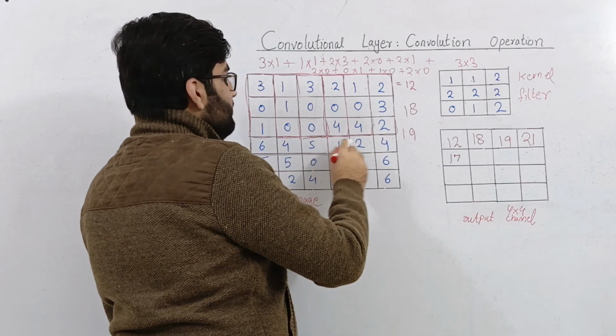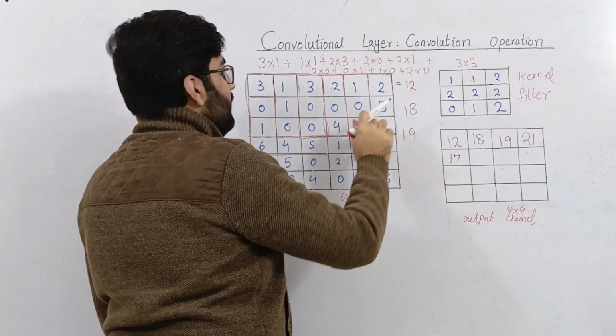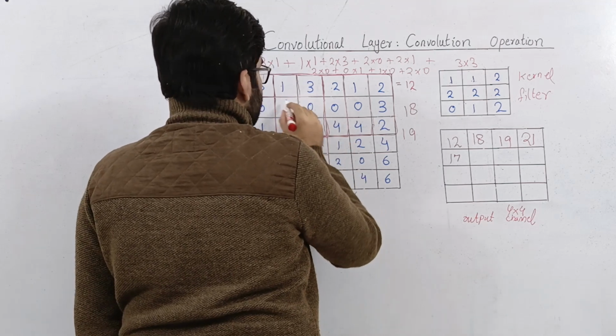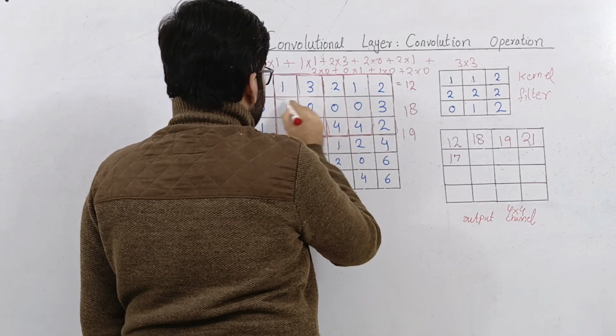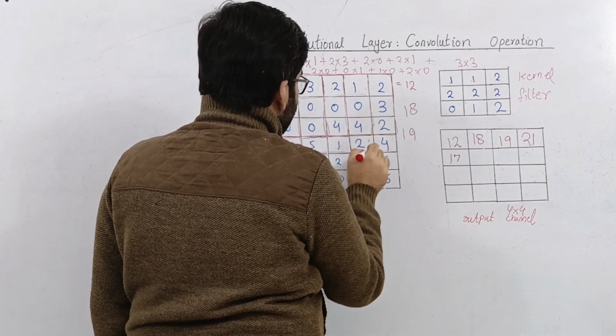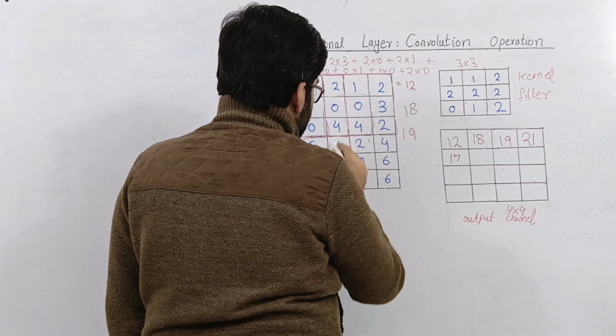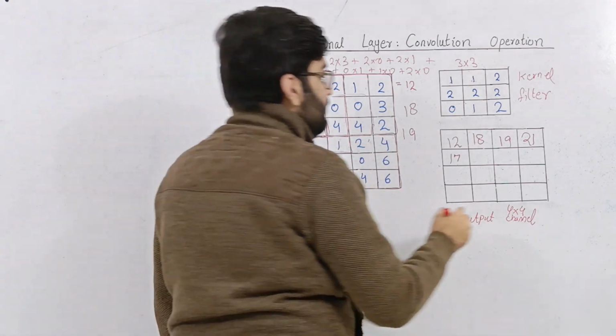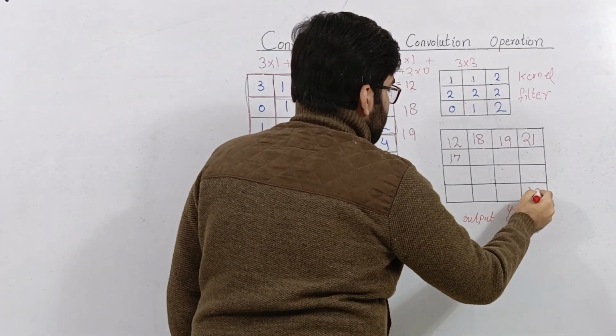If we keep filling this table in the same way for all other slidings, next is this one, the next one would be this one, and finally we move to the last one, and here we will get the value 43.